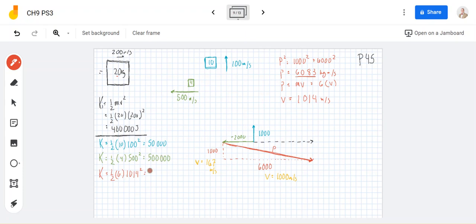So that one is 3,084,588. So if I add all these up, the total after was 3,634,588, and the initial was 400,000.